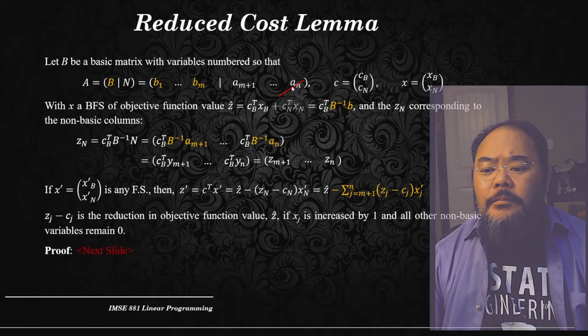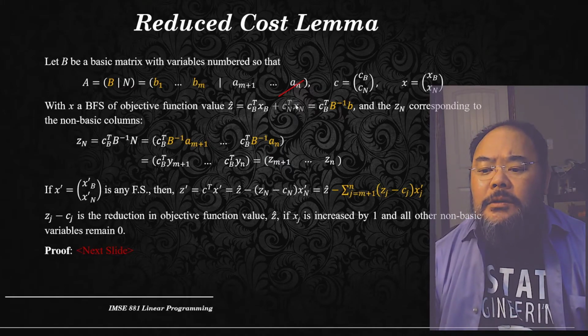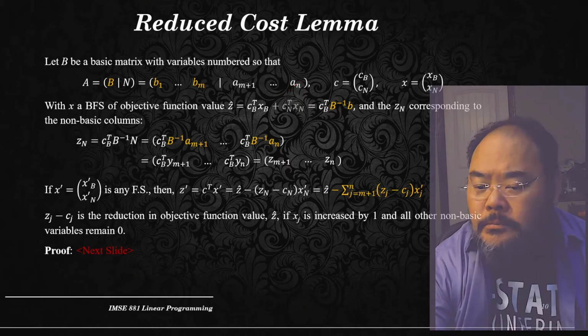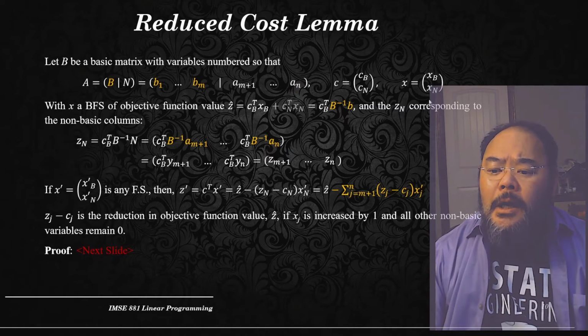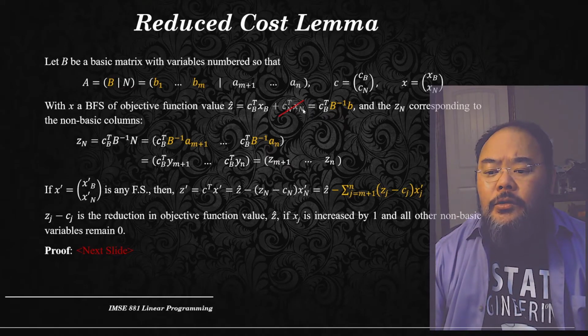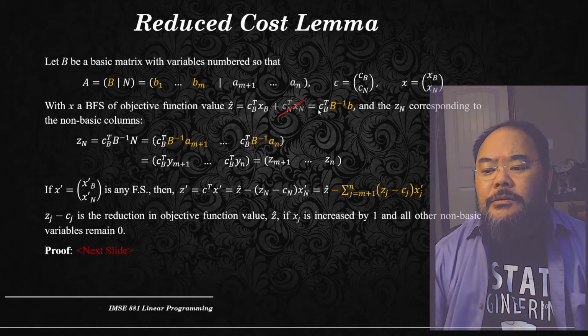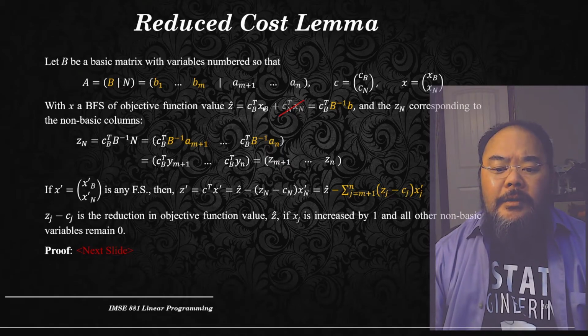However, cN transpose times xN can be ignored since xN are all currently set to 0. Therefore, the current objective function value equals cB transpose times B inverse times b, and B inverse times b is the current basic feasible solution.